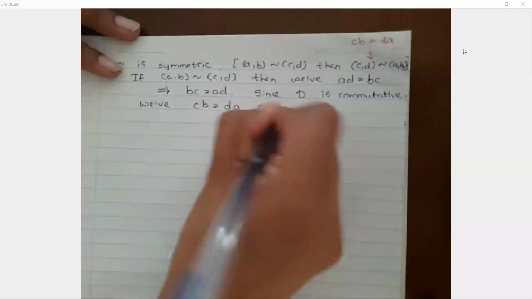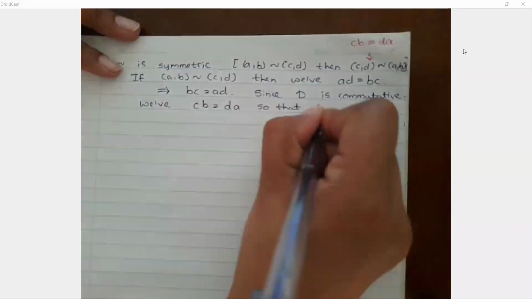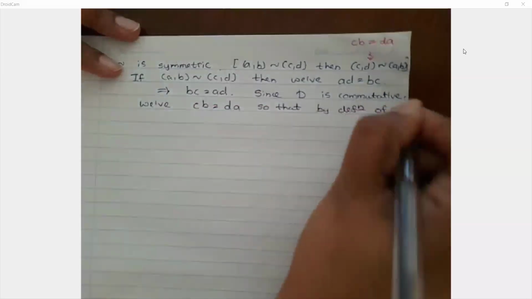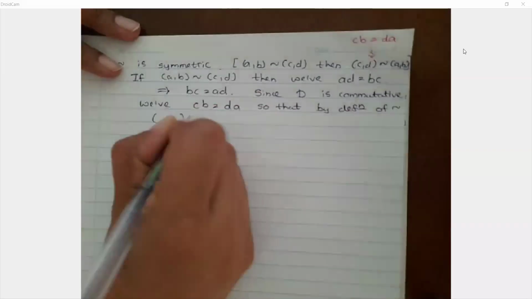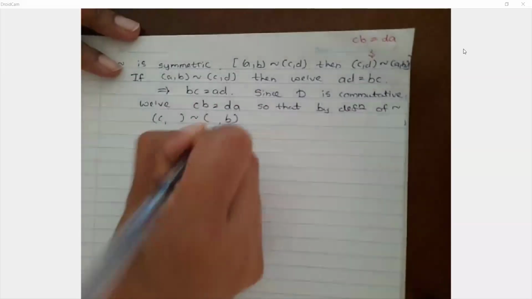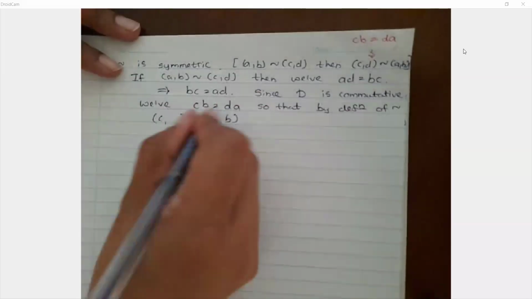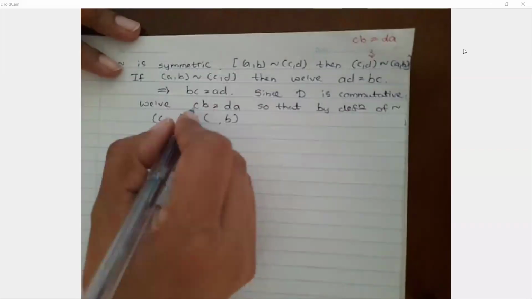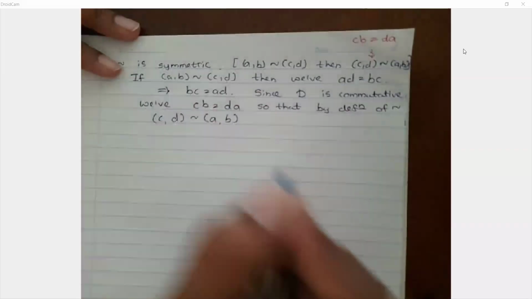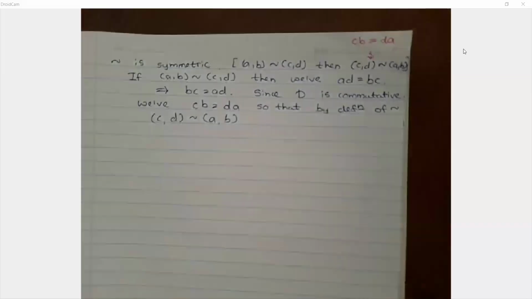So by definition of tilde, CB is equal to DA, exactly what we wanted to show. So we know that tilde is symmetric. Now, to prove that last one, that it's transitive.